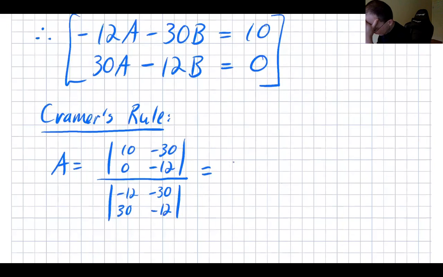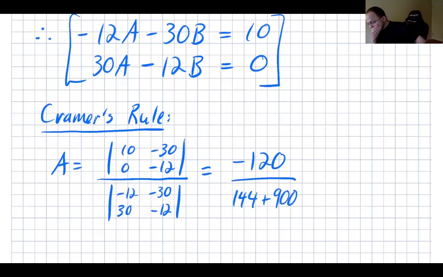We get negative 120 divided by 144 plus 900. Okay, what is that? 120 over 1044. So negative 10 over 87.